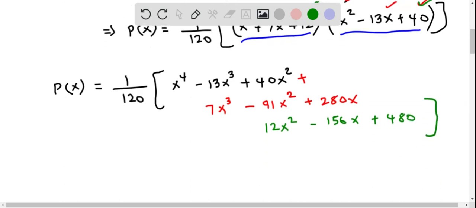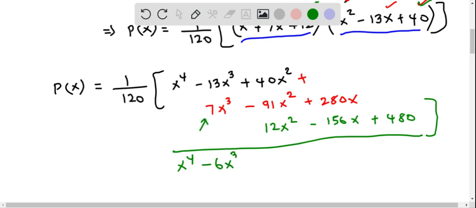In the next step, we have to simplify this expression inside the bracket. This is the only x power 4 term. Negative 13x cubed plus 7x cubed gives negative 6x cubed. Then we add the terms in the x squared column: 40 minus 91 plus 12 gives negative 39x squared.